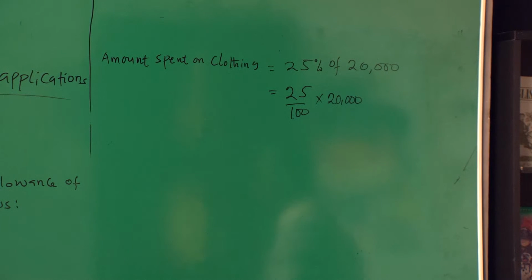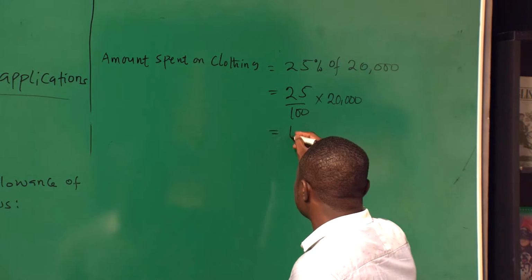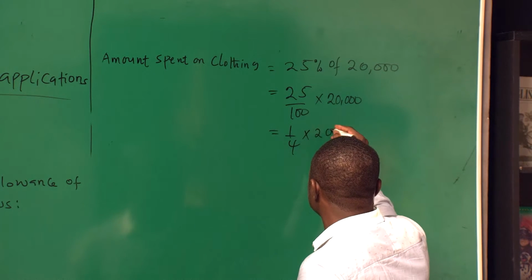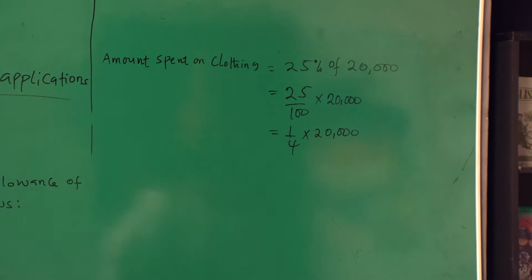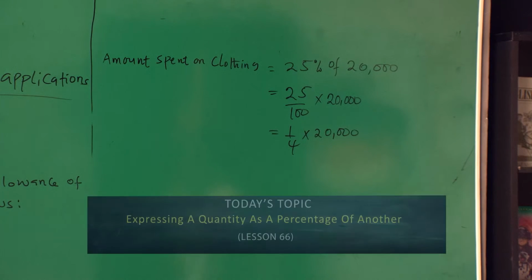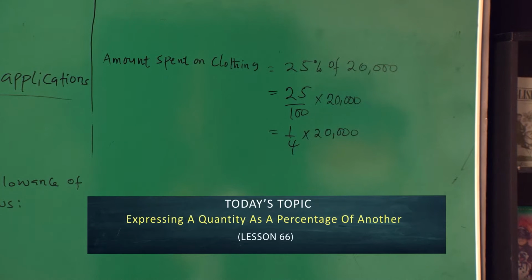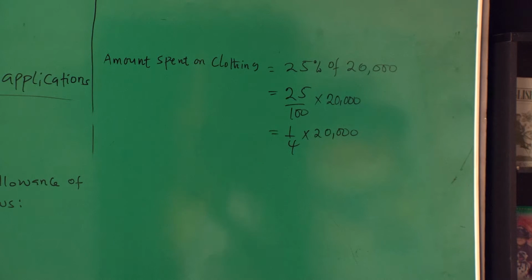Are you okay? So you write 1/4 times 20,000.